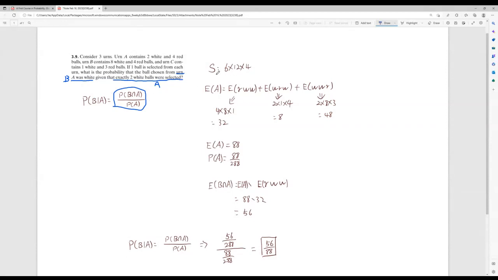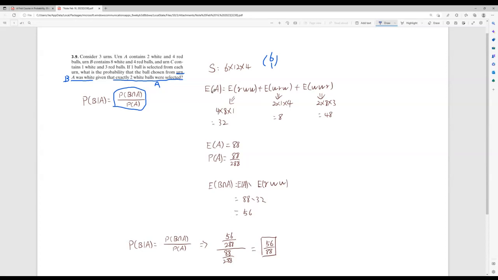We know that the sample space would be 6 times 12 times 4 because we have 6 choose 1 from A and so forth.